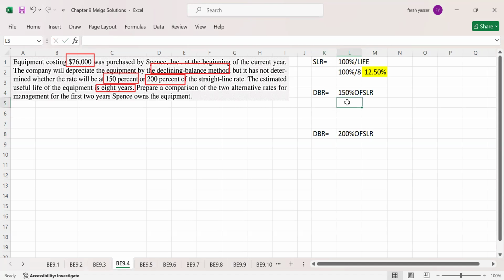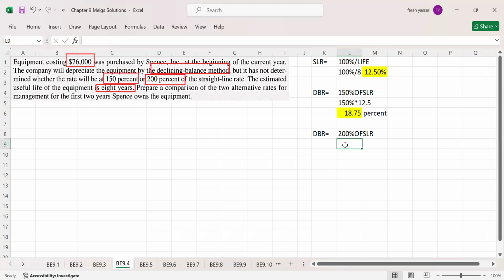In the first case, 150% multiplied by the straight line rate we have just calculated, 12.5%, the answer would be 18.75%.